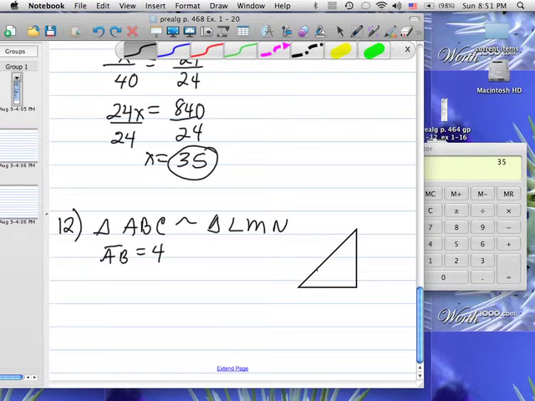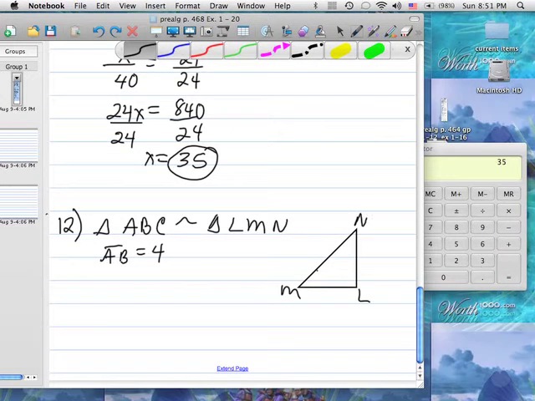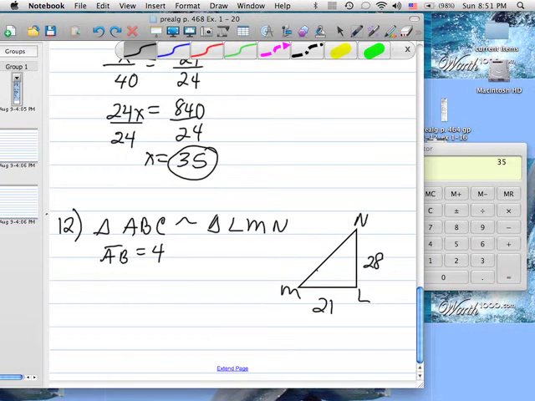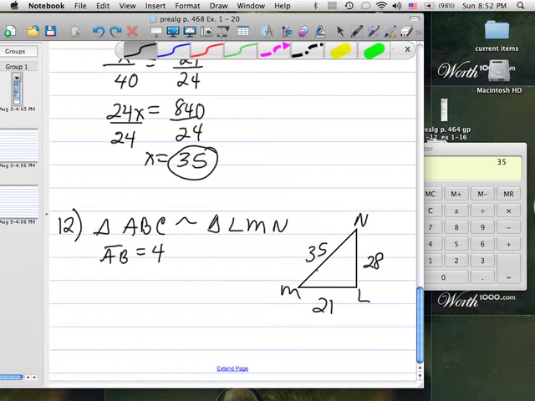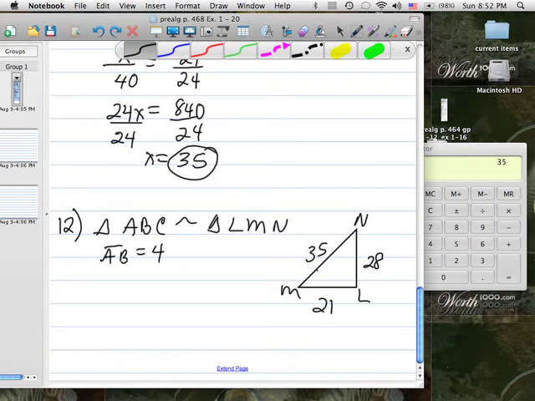So LMN has sides 28, 21, and we figured out 35. And triangle ABC is similar to that triangle.